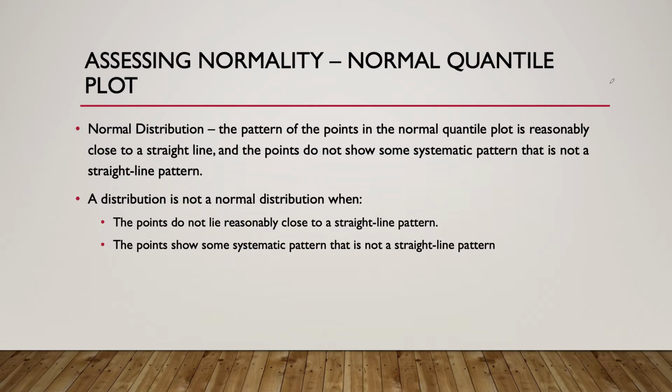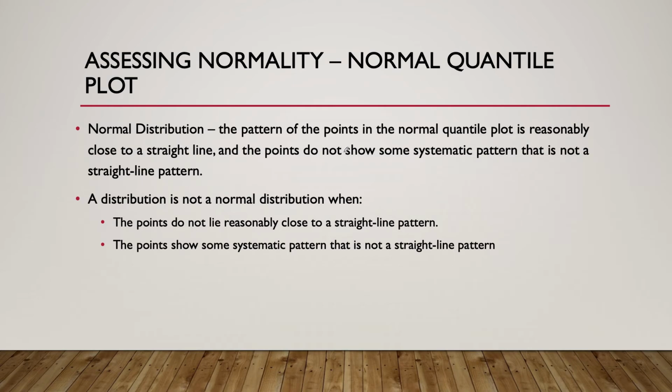This is where the normal distribution itself has a definition inside of this normal quantile plot. The normal distribution is where the pattern of the points in the normal quantile plot is reasonably close to a straight line, and the points do not show some systematic pattern that is not a straight line pattern.